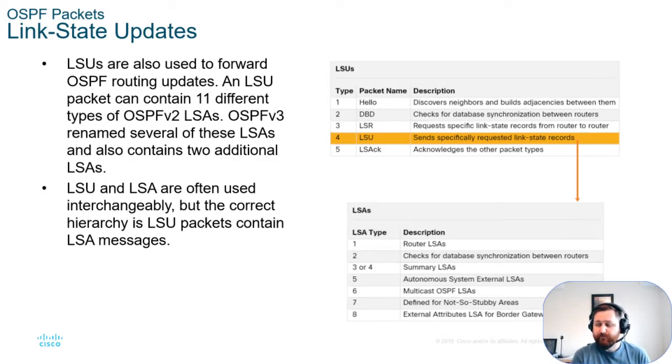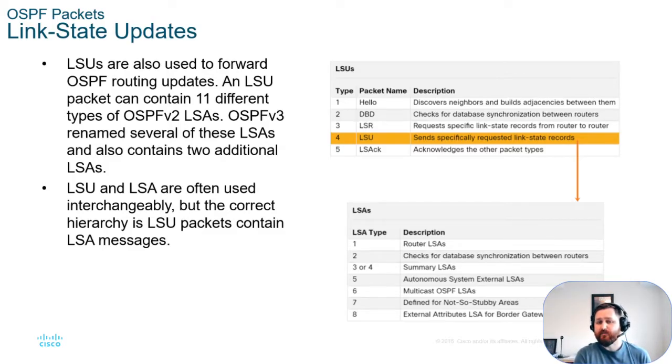Pretty much what you're going to focus on for a lot of these is router LSAs, which check for summary databases, and summary LSAs, and then also autonomous system and multicast. We don't typically see too much with 7 and 8, in the grand scheme of things.